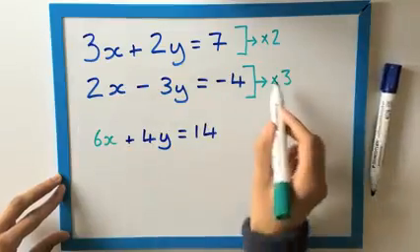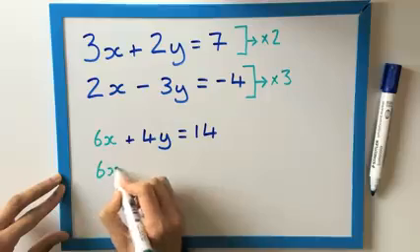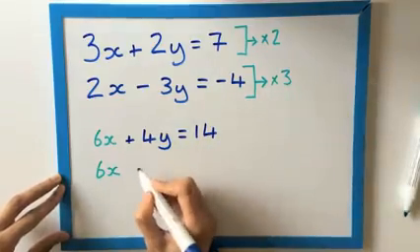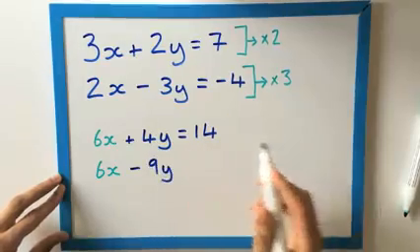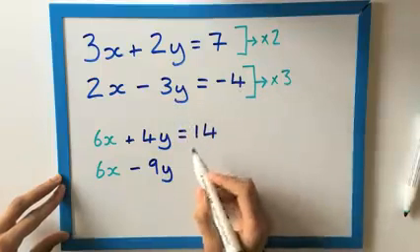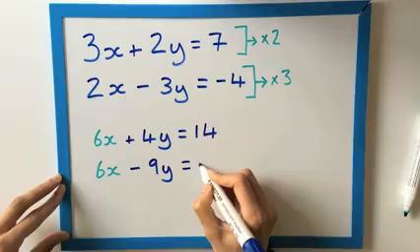For our second equation, 3 times 2x is 6x. 3 times minus 3y is equal to minus 9y. And 3 times minus 4 is equal to minus 12.